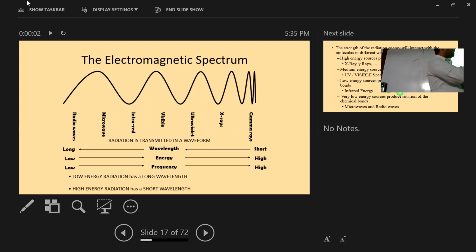Just enough energy to remove one electron from the outermost shell of the atom is known as the ionization potential. Most of the time for any organic molecule, the ionization potential is around 10 electron volts, plus or minus 2 or 3 electron volts.